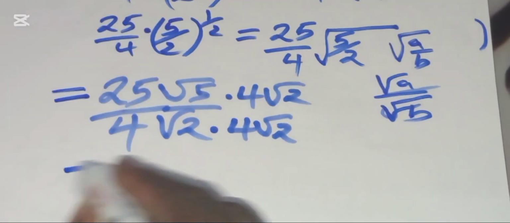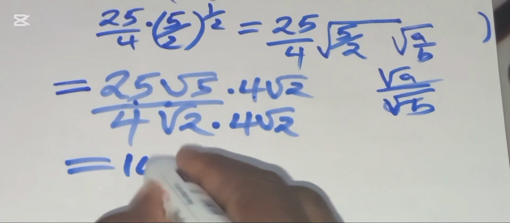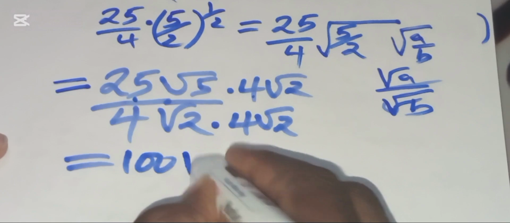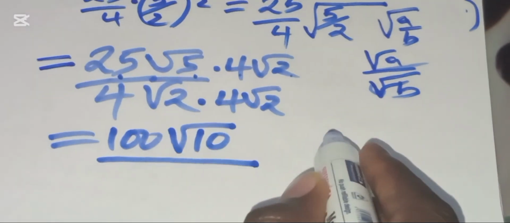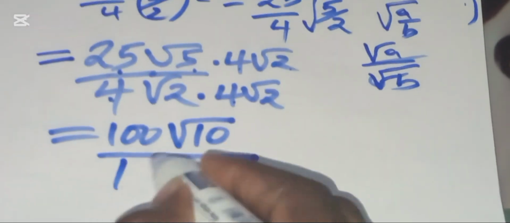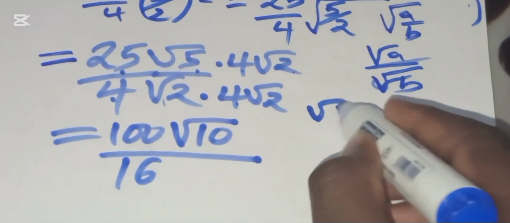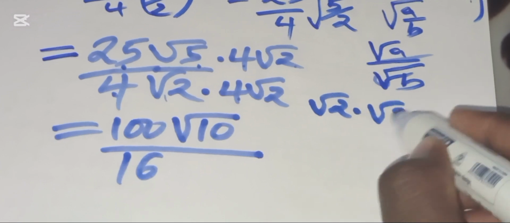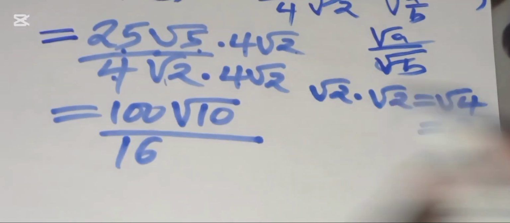Now from what we have here, this is the same thing as 25 times 4, which is equal to 100, square root of 5 times 2, which is equal to 10, divided by 4 times 4, which is equal to 16, and the square root of 2 times the square root of 2, that is the square root of 4, which is the same thing as 2.